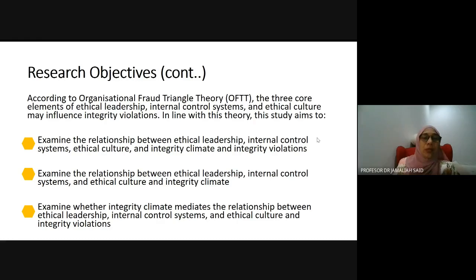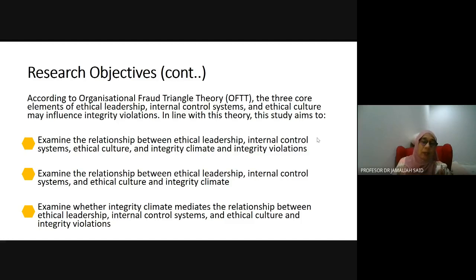The student is using organizational fraud triangle theory, so he started by saying, according to the theory, three core elements, ethical leadership, internal control system, and ethical culture, may influence integrity violation. From this theory, he developed the hypothesis. Hence, this study aims to examine the relationship between ethical leadership, internal control system, ethical culture, and integrity violation. That is objective number one.